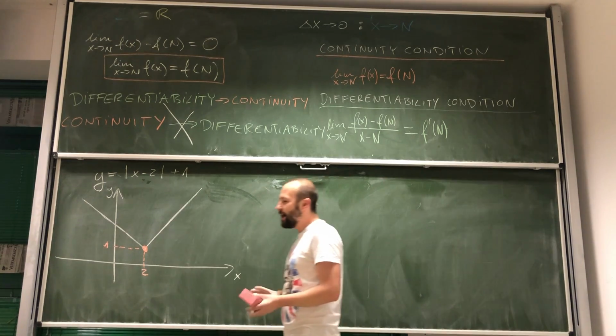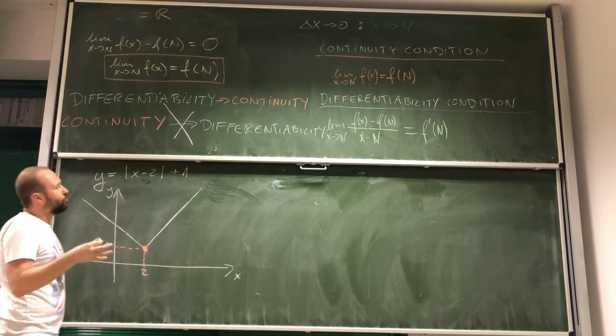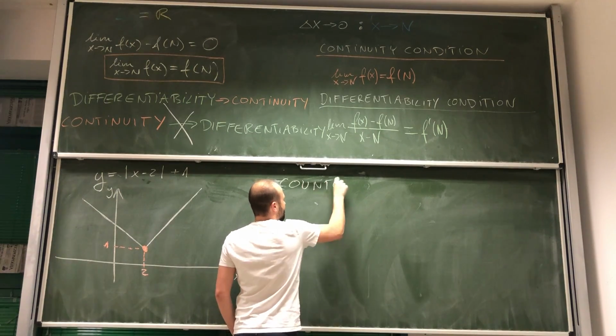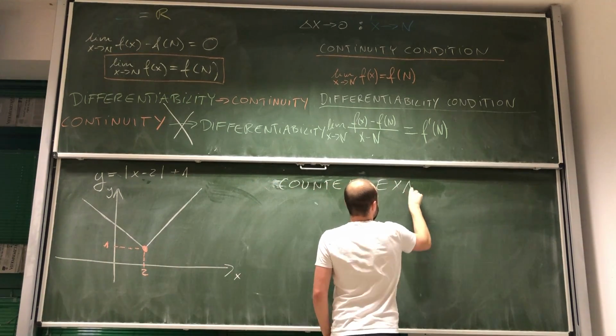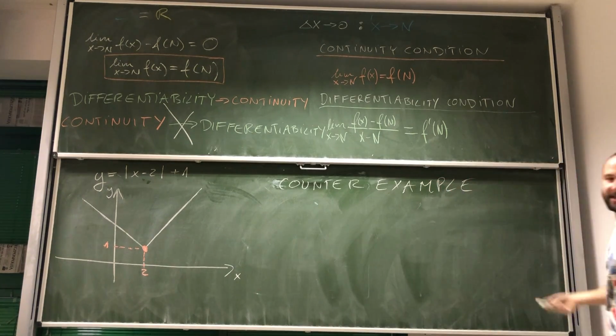Okay, so how can I show that I cannot find the derivative for this function? Look, what we are doing now is showing a counterexample. So we are showing one example that can break the entire rule.